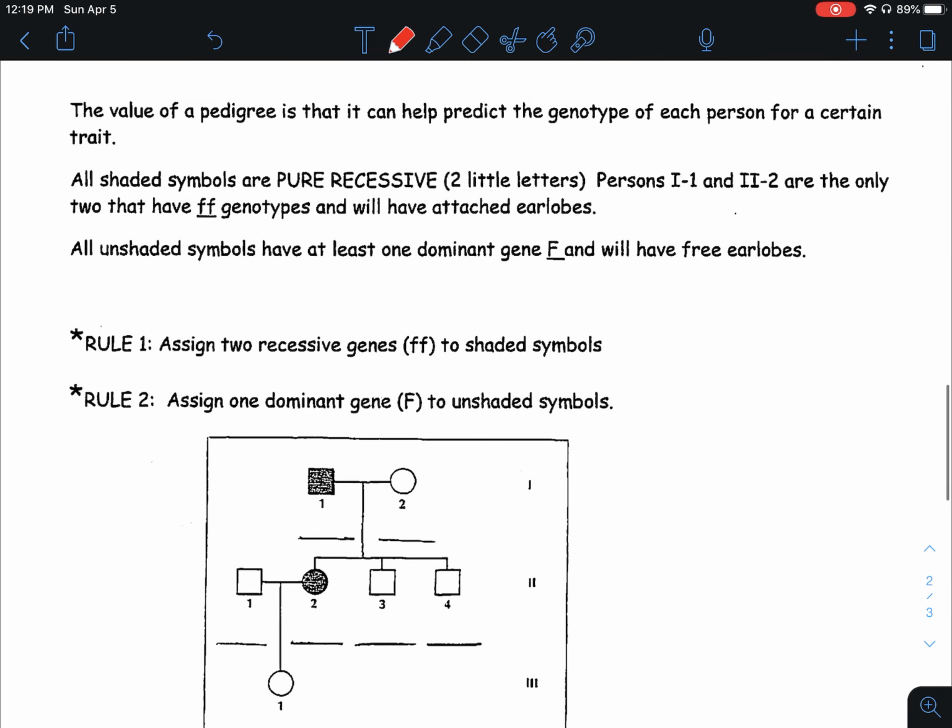This part says the value of a pedigree is that it can predict the genotype of each person for a certain trait. The shaded symbols are pure recessive, so that means two little letters. All unshaded symbols have at least one dominant gene, so one capital F. This person could be capital F, capital F, or capital F, lowercase f. In both cases, they will have free earlobes.